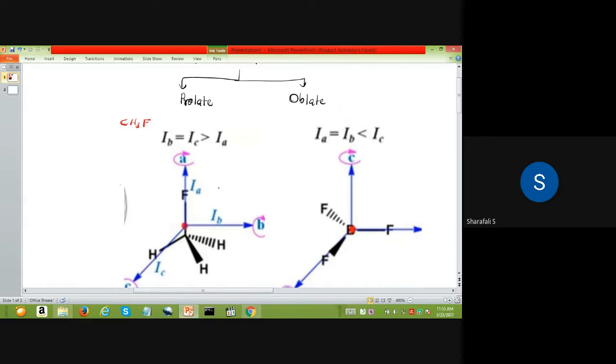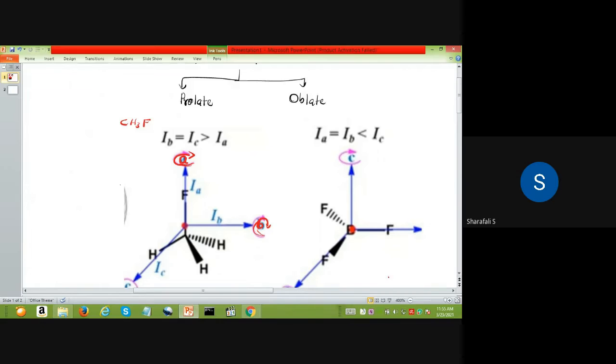Now, consider IA. You can see now why I have taken this axis as A. This is my axis A, and about this we have rotation of the molecule like this. Then I have taken this as my axis B, and the rotation of the molecule will happen about this axis.